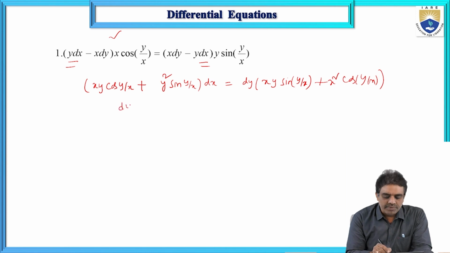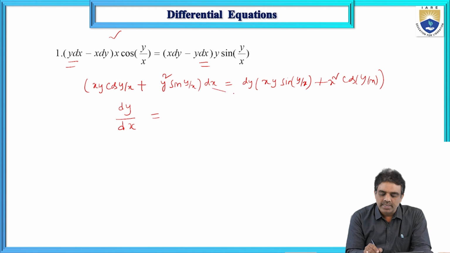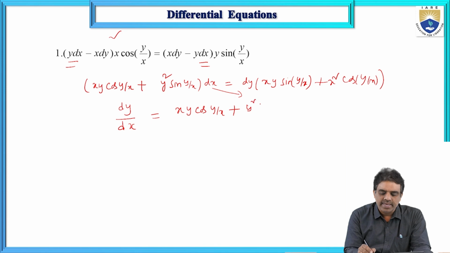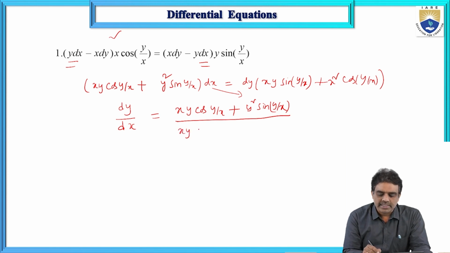Or I can write this equation as dy/dx = dx terms on this side and this function on the left hand side. Then you will get dy/dx = (xy cos(y/x) + y² sin(y/x)) divided by, in the denominator, (xy sin(y/x) + x² cos(y/x)).